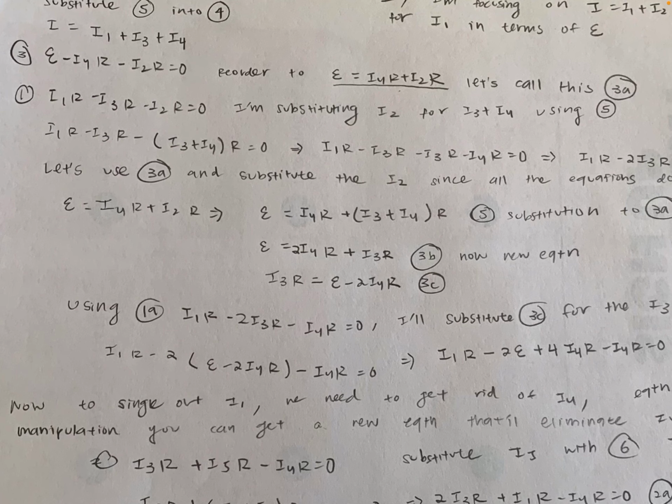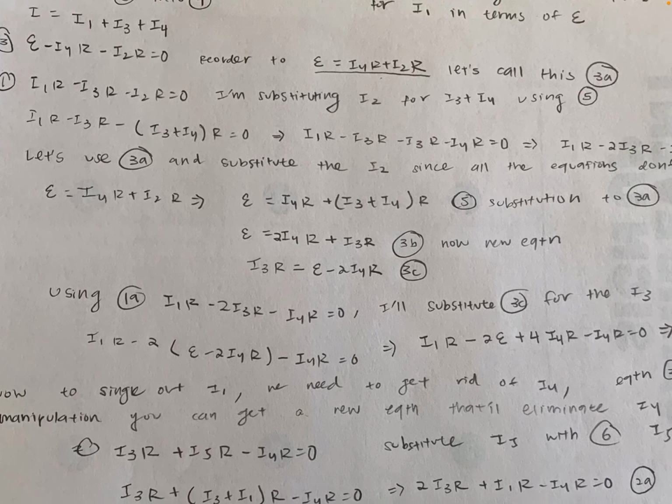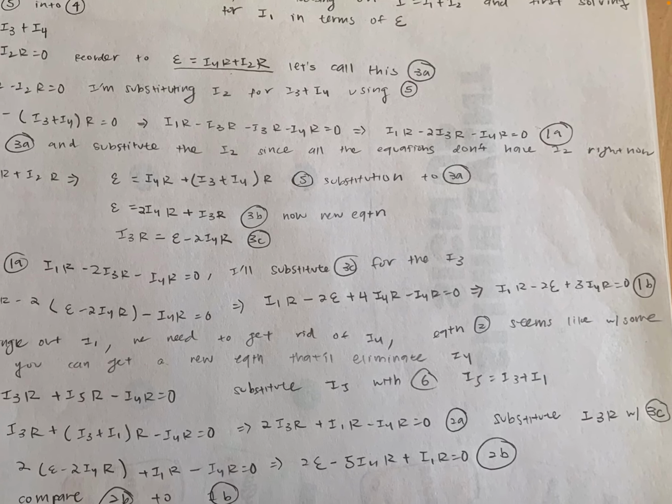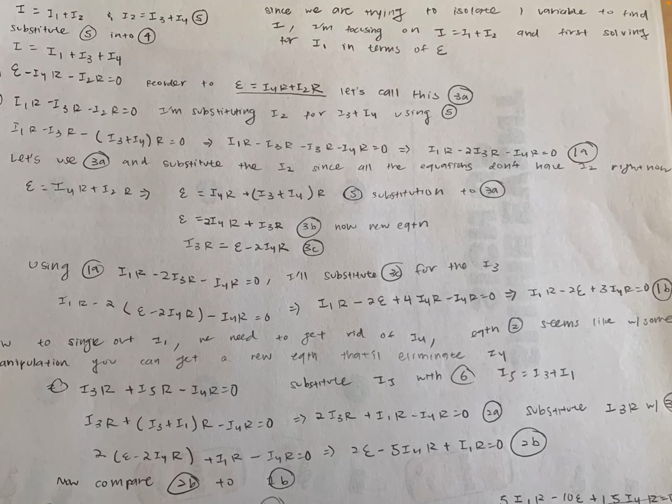Now I'm going to do equation 1 and substitute equation 5 into equation 1. So I1R minus I3R minus (I3 plus I4)R equals 0, and then I get 1A, which is I1R minus 2I3R minus I4R equals 0. So far the equations aren't really interacting with each other, but later on you'll see how they connect, and we'll eventually substitute one into another and finally solve for I1.